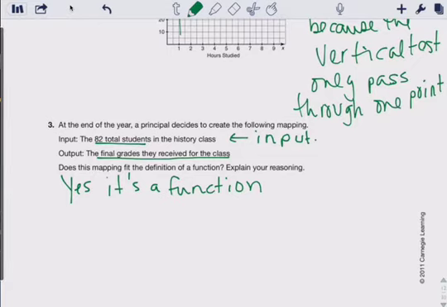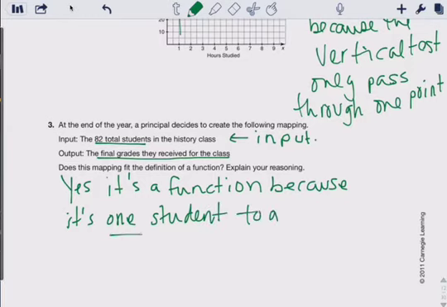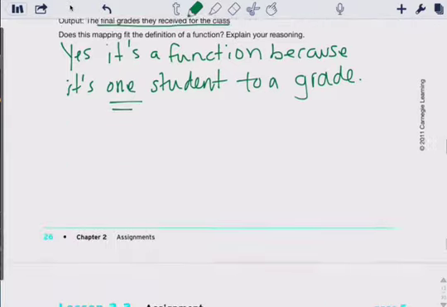So yes, it's a function because it's one student to a grade. There's no repeat of the same student getting another grade. So one student can't get 2 grades. Therefore, it's a function. There's only one number for the input.